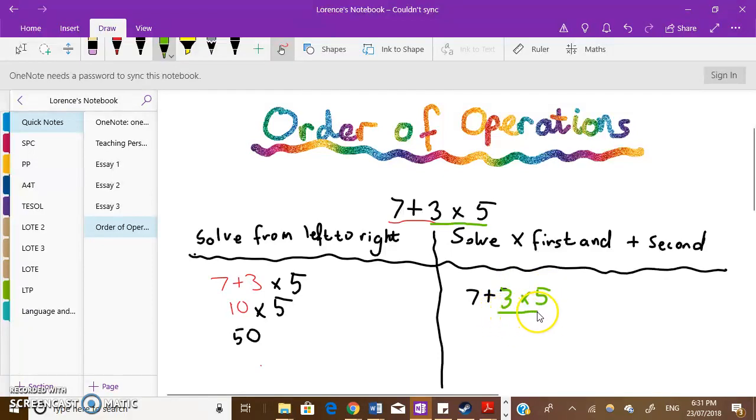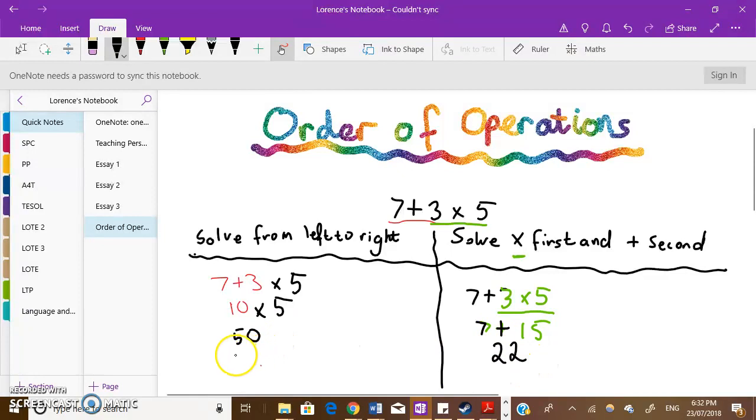Now, this time we start with the multiplication first. So the answer would be 3 times 5, 15. And then we'd still have 7, which would be 7 plus 15. The answer here would then turn out to be 22.